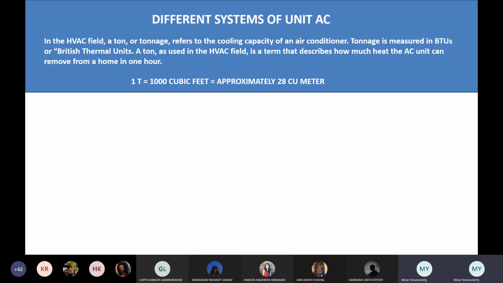But once the water comes into the residence, there is a separate unit placed there, which is nothing but a coil. That's the best part. It will just have a coil and a fan. That's why it is known as a fan coil unit. जो नाम है वो काम है.